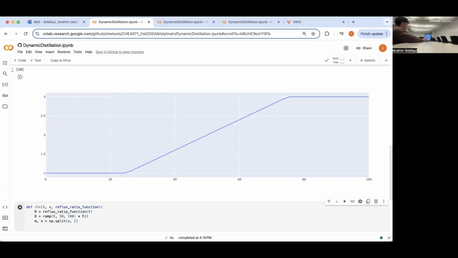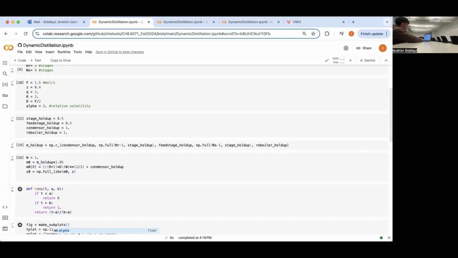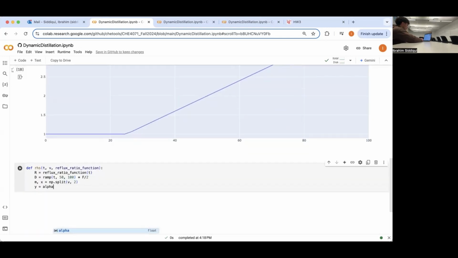Okay, so now what we want to do is set up our vapor composition. We've done this before, and it's essentially just going to be our alpha, that relative volatility constant that we defined up there. As you can see, yep, we do have it defined as 2, our relative volatility.